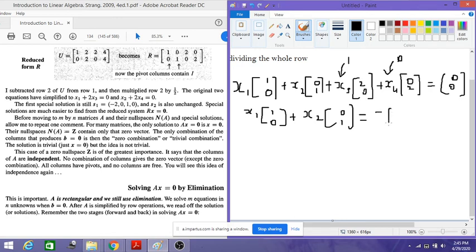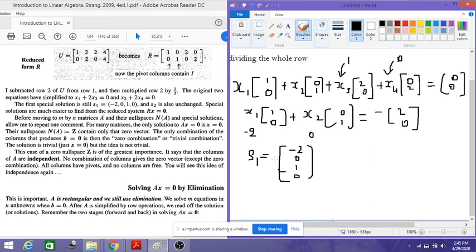So I substitute x1 with -2 and x2 with 0. So one of the special solutions is S1 equal to -2, 0, 1, 0. If you compare this with the previous solution, it is the same as one of the previous solutions.